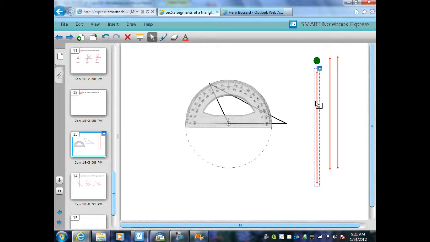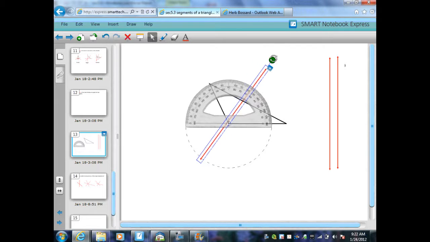Now I'm going to make sure that this is double-clicked and order that, send it to the back. It already is. Now I'm going to rotate that segment so it goes through the vertex and also goes through the mark on the protractor at 58 degrees, which is the angle bisector of this angle, since the angle is 116.